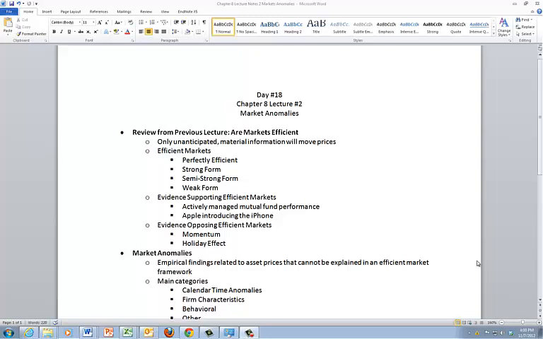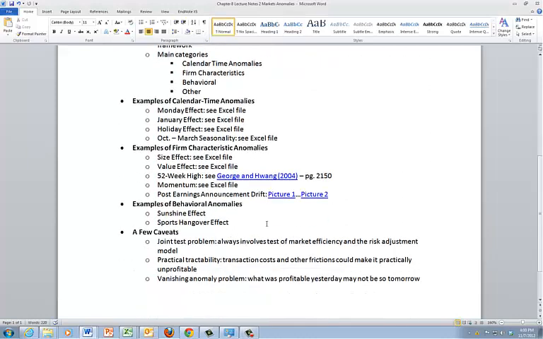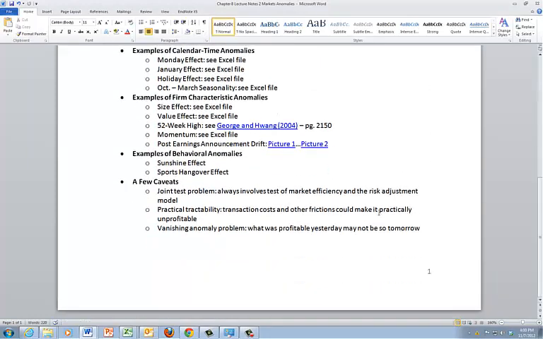Specifically, we have discovered that there are certain trading strategies based on different types of information that do yield alpha or abnormal returns, and these things simply should not exist if markets were efficient. We call these empirical findings that seem to cast doubt on the efficiency of a market, market anomalies, because they are anomalous relative to an efficient market.